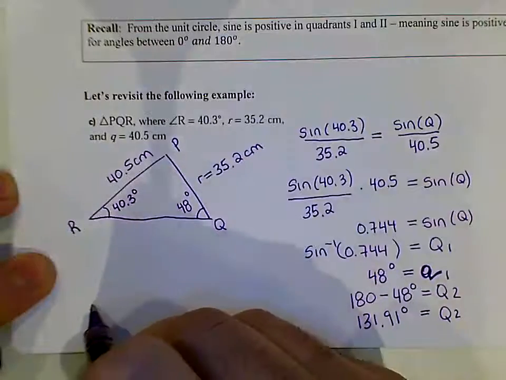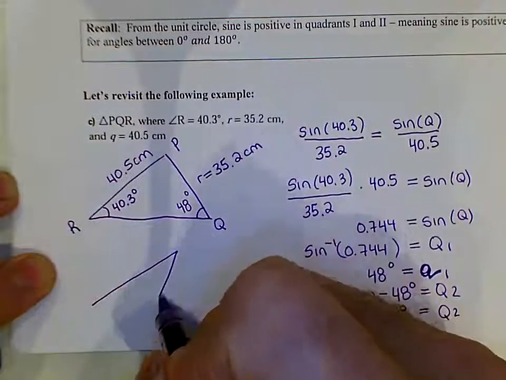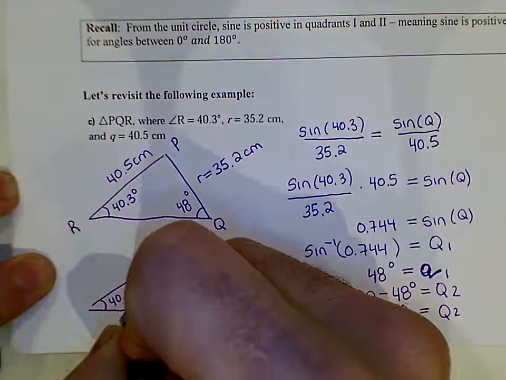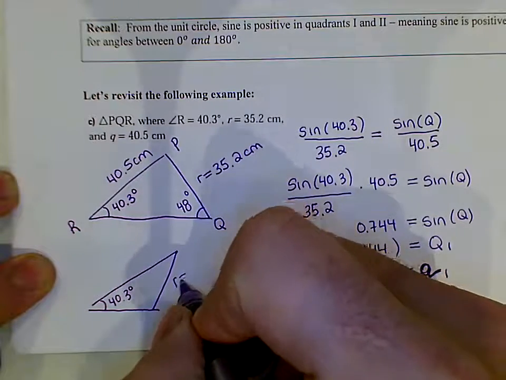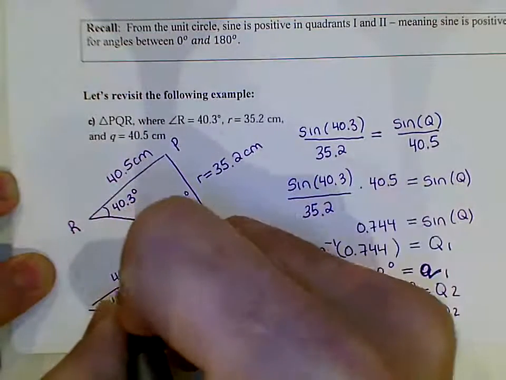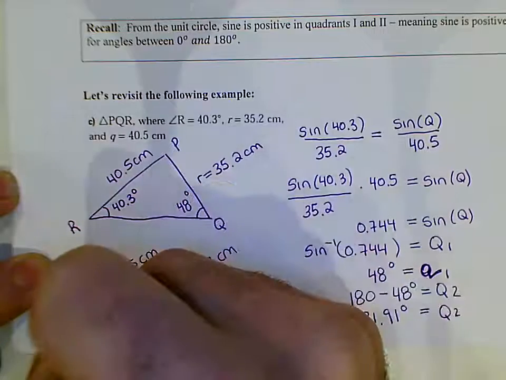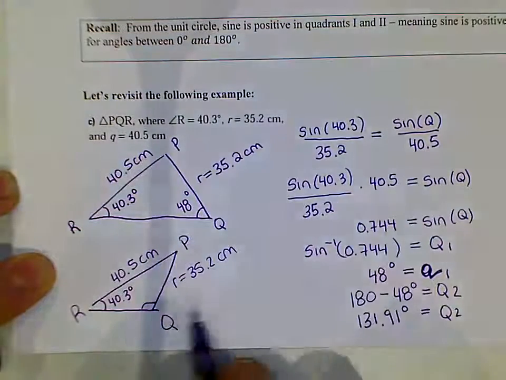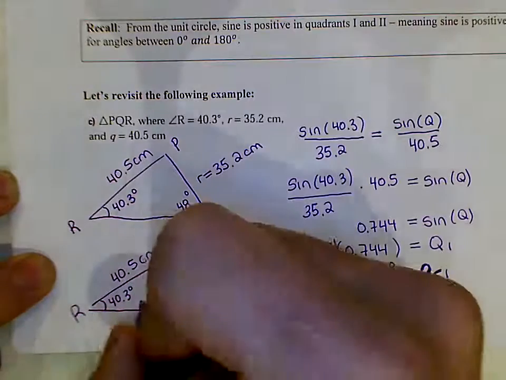But just as equally, we could draw another triangle here with the same basic information that we started with. But the only difference is that now this angle of Q is going to be 131.91 degrees.